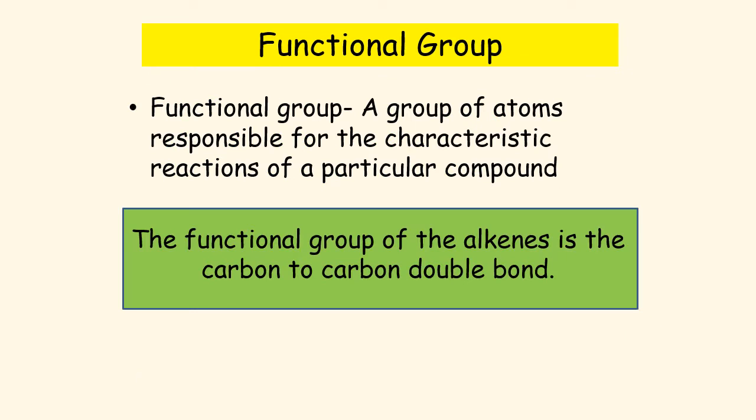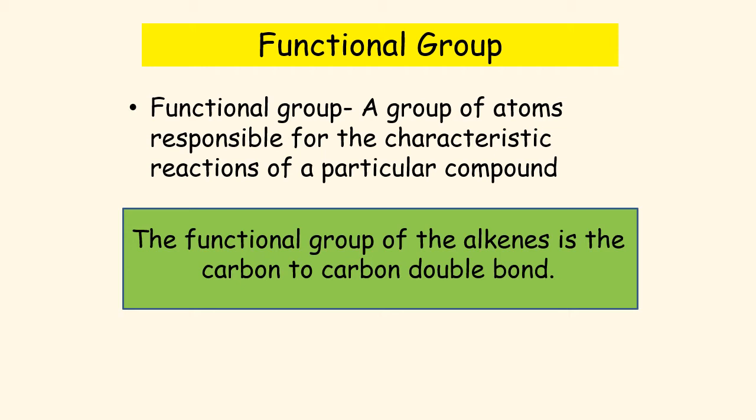Now, one term that you will hear a few times in Unit 2 is the term functional group. And a functional group is a group of atoms bonded in a particular way that are responsible for the characteristic reactions of a particular compound.